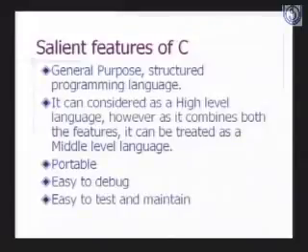However, we can place this language as a middle level language, a kind of third category, which combines the features of both the high level as well as the low level mechanisms. Why do we say it is high level and why low level?